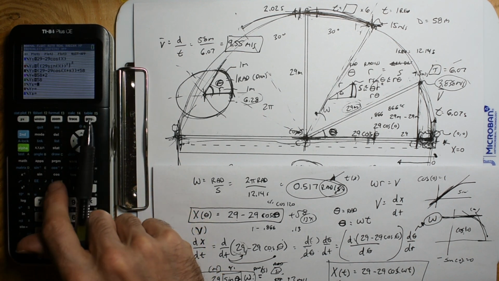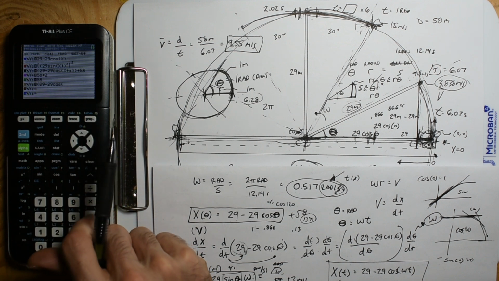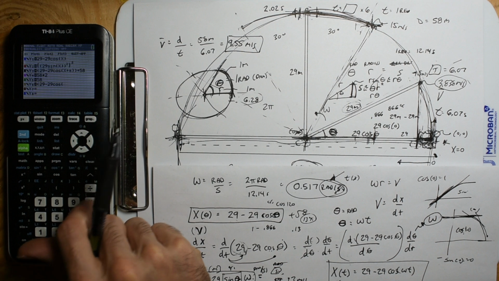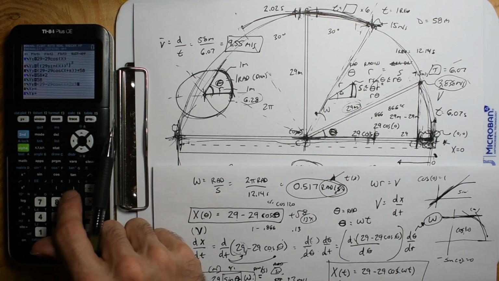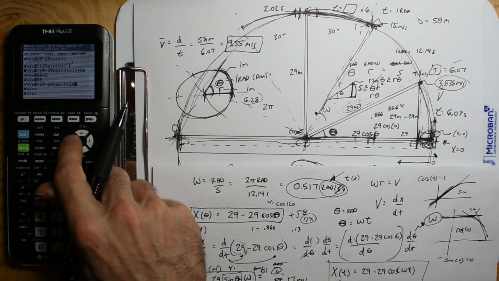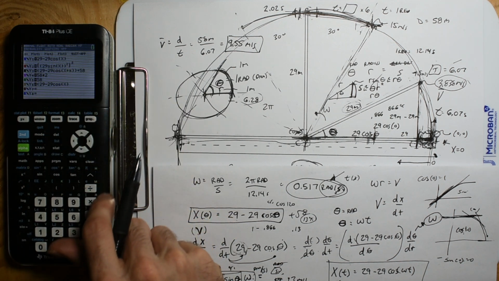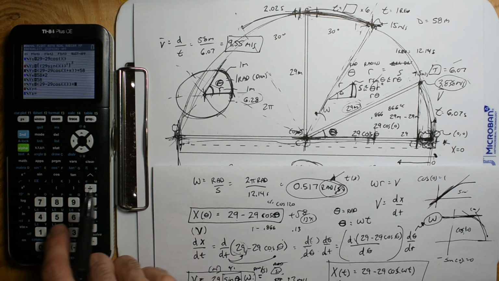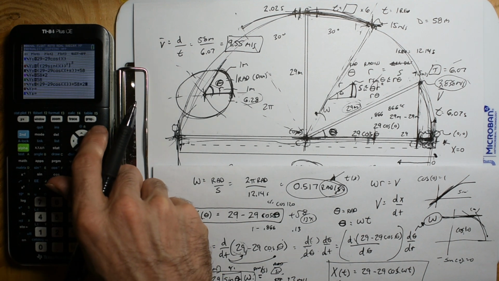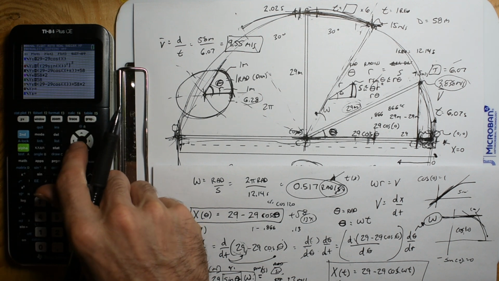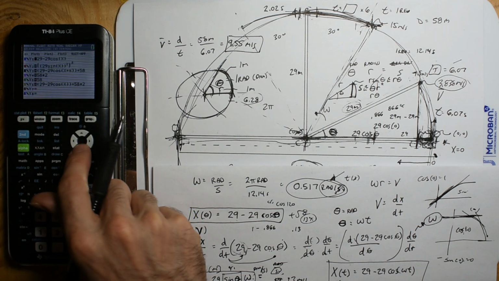So we're going to have 29 minus 29 cosine of x plus 2 pi, which at that point you don't even need to do, so we can just do x, and then plus 58 times 2. There you go. And then we're also going to do 164.